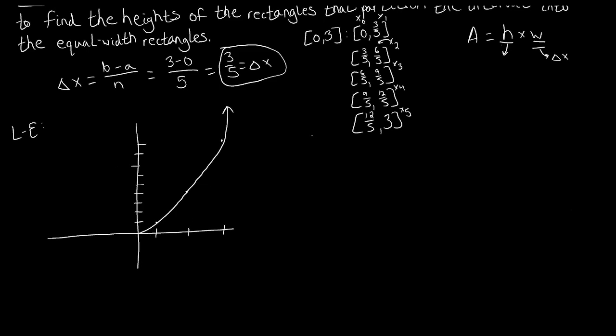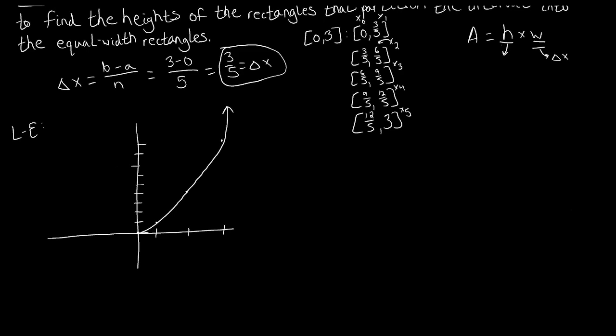When we talk about using the left endpoints, we're looking to find something to deal with this variable height, right? So we start at this first endpoint, 0, and look for the height of the rectangle that goes from 0 to 3/5.